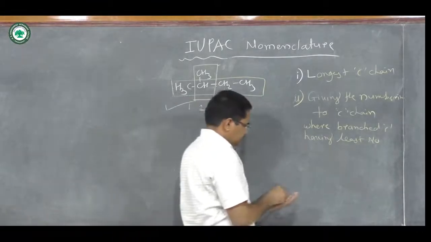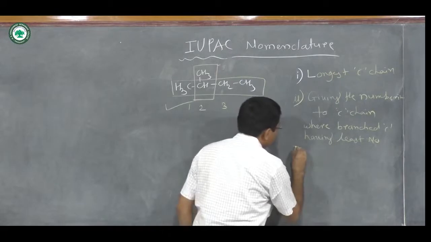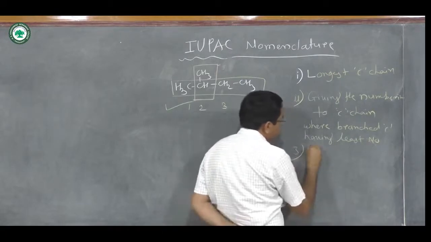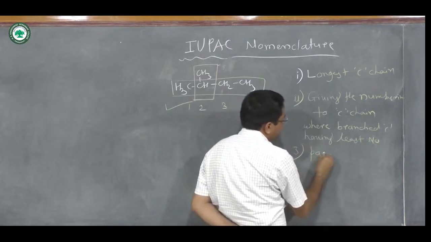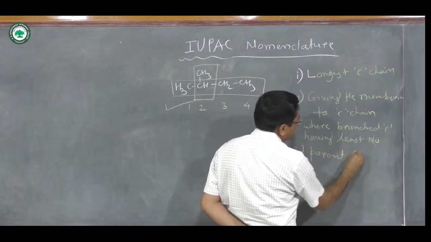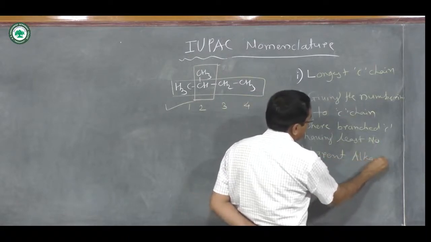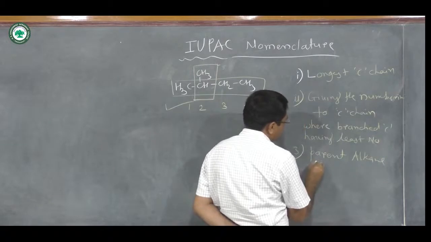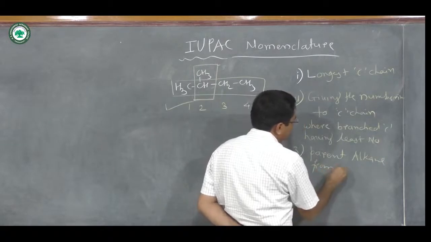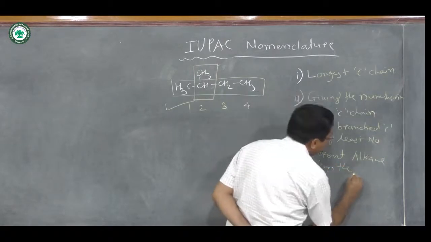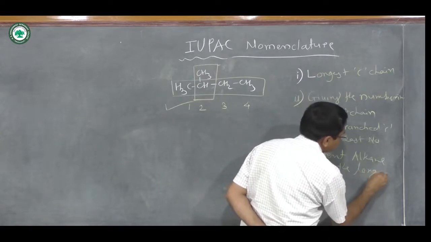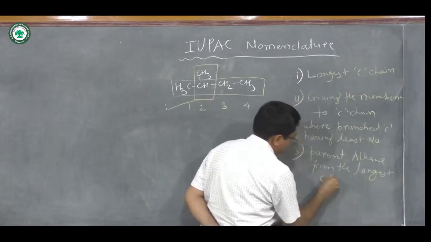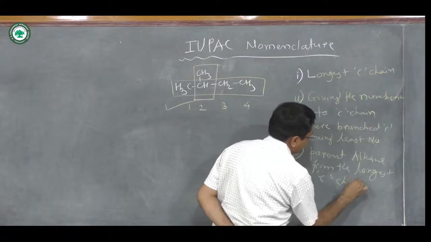Then the third one, find the parent alkane from the longest carbon chain.